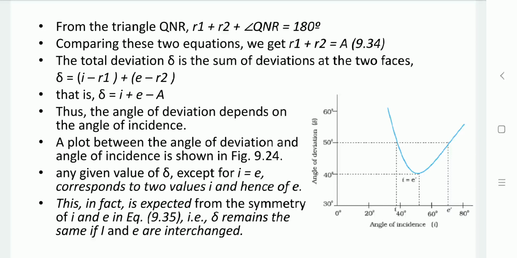At one point we get a common value. After that point, as the incidence angle increases, the deviation increases. The expected summary of I and E is that delta remains the same if I and E are interchanged. If the angle of incidence and angle of emergence are the same, then the deviation is at its minimum.